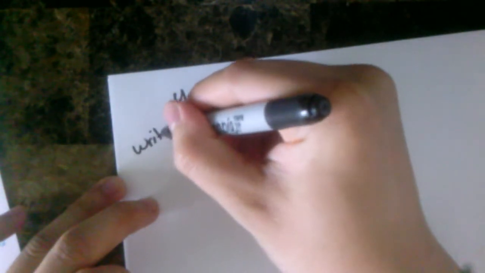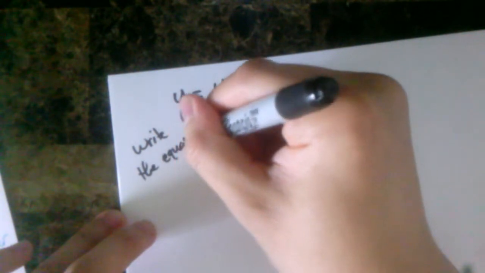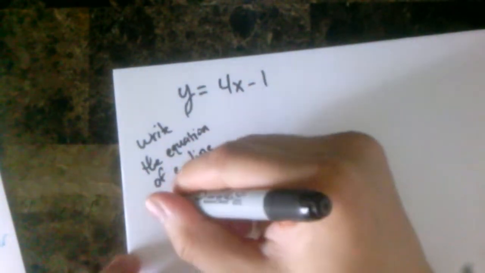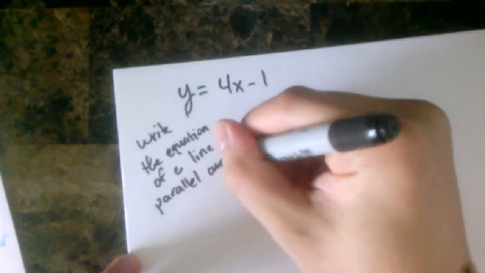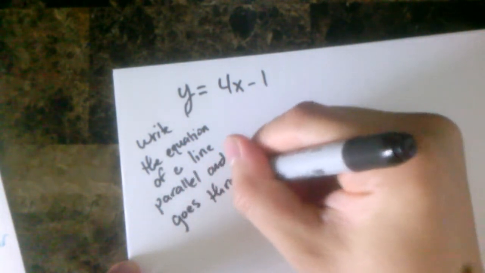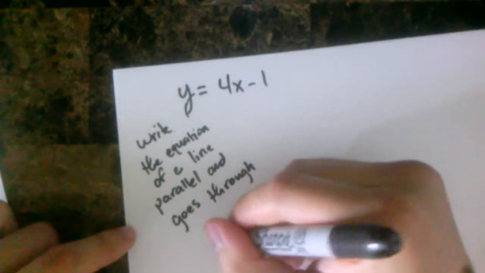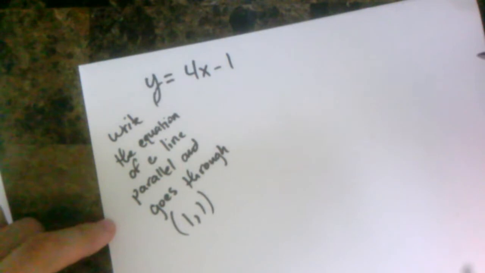Given this line, I want you to write the equation of a line that is parallel and goes through the point, I don't know, let's say (1, 1). Okay, so it has to go through the point (1, 1).